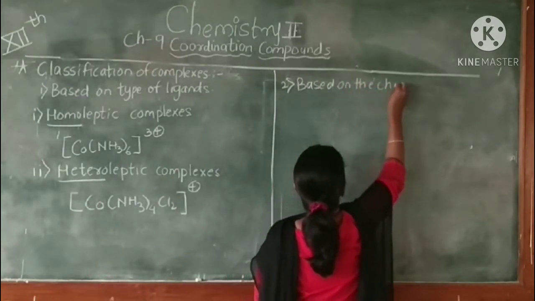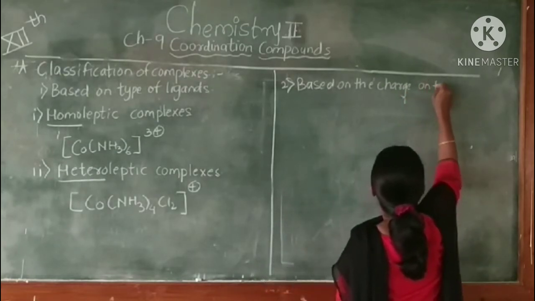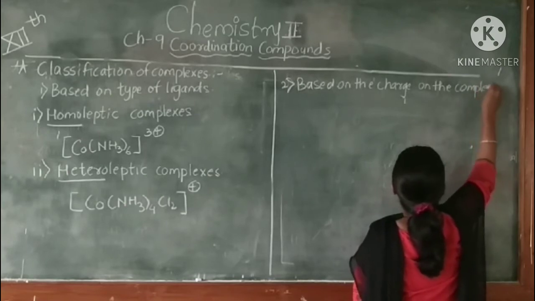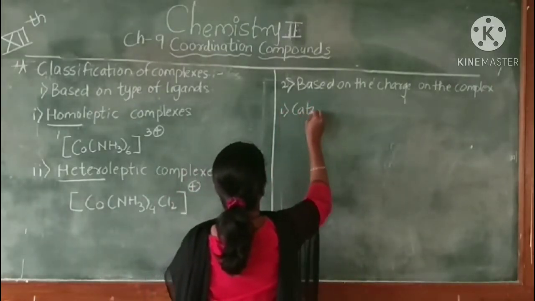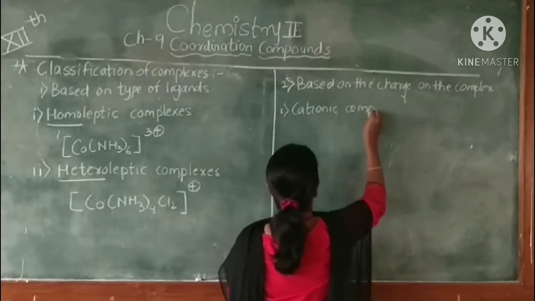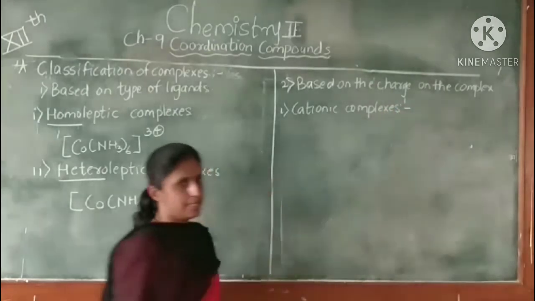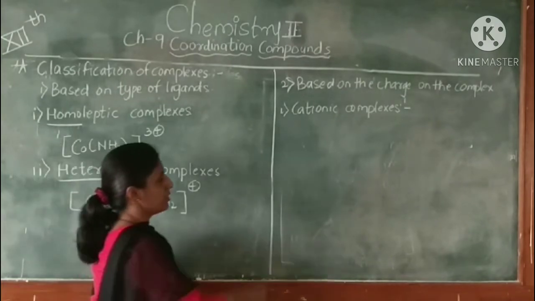The second classification is based on the charge on the complex. The first is cationic complexes. In these complexes, the coordination sphere carries a positive charge.